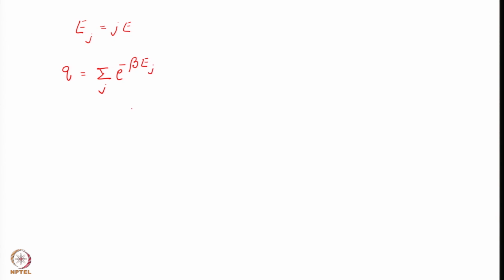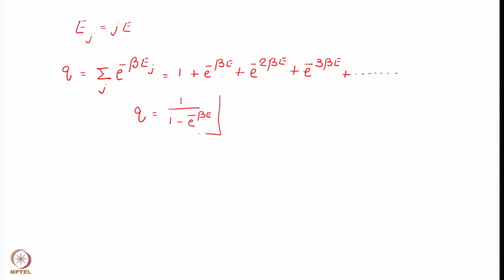Start with J equal to 0, you will have 1 plus exponential minus beta E plus exponential minus 2 beta E plus exponential minus 3 beta E and so on. And this is a GP. So q is equal to 1 over 1 minus exponential minus beta E. This is our q.